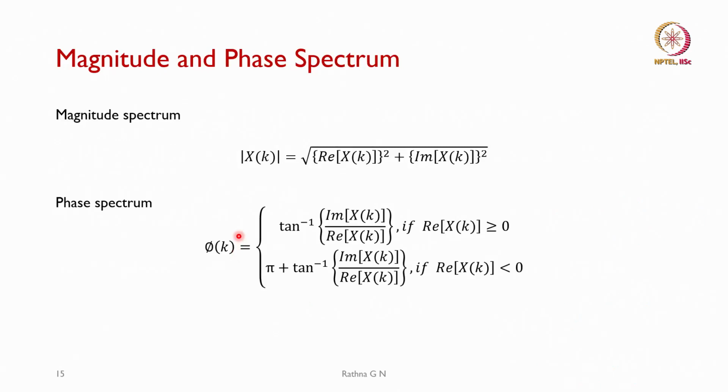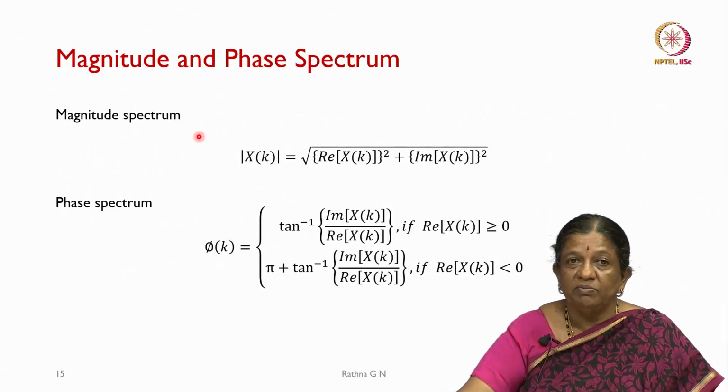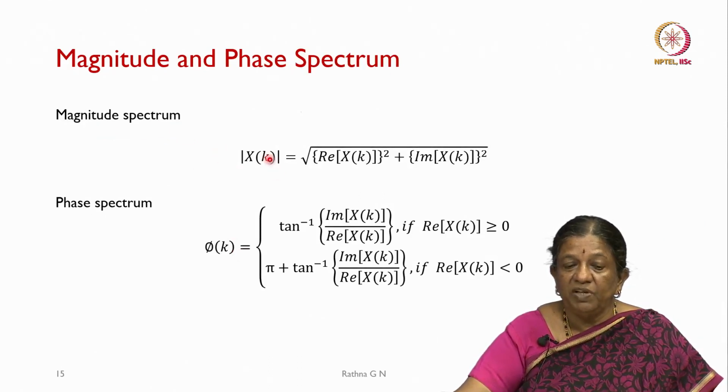That is how we represent it here, how we can compute our magnitude and phase spectrum for a given signal. The first is the magnitude spectrum. We calculate the magnitude of X of k, which, as all of us know, is the real part of X of k whole squared plus the imaginary part of X of k whole squared, under the square root.